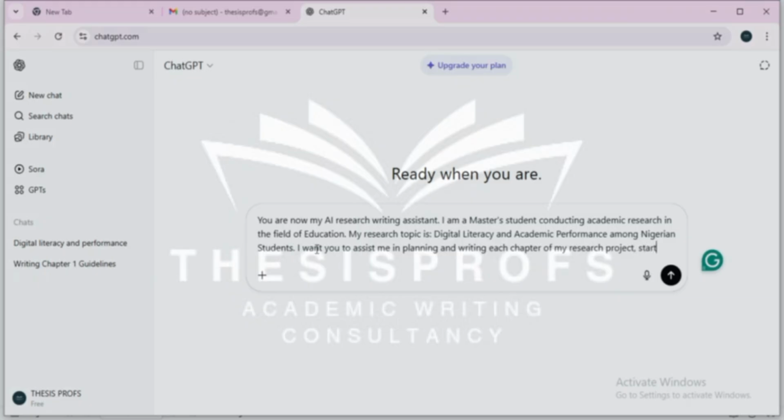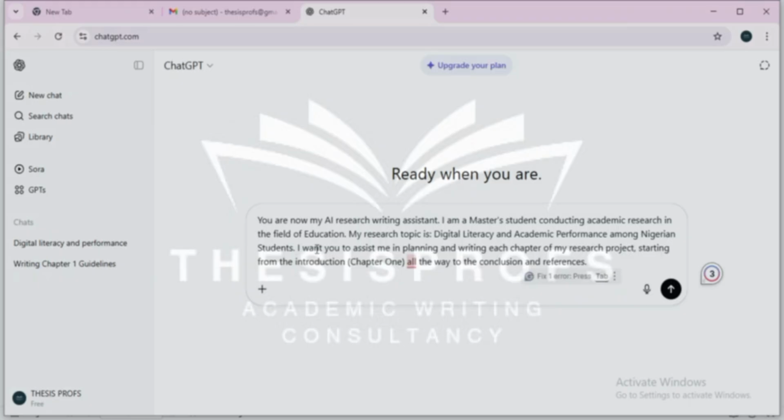So starting from the introduction, well, that's chapter 1, all the way to the conclusion and references. Good stuff.